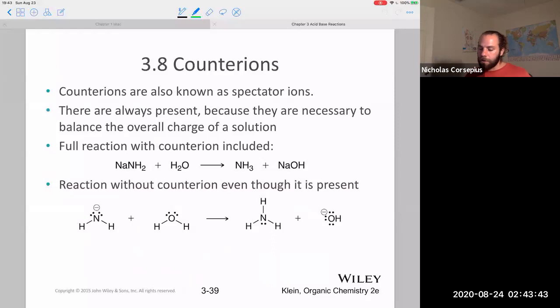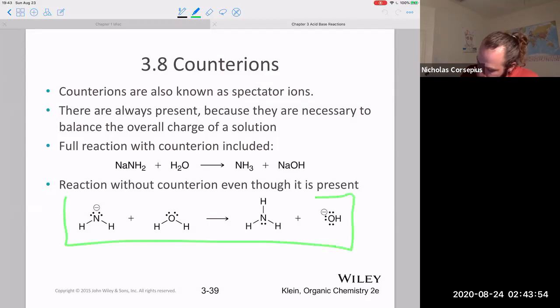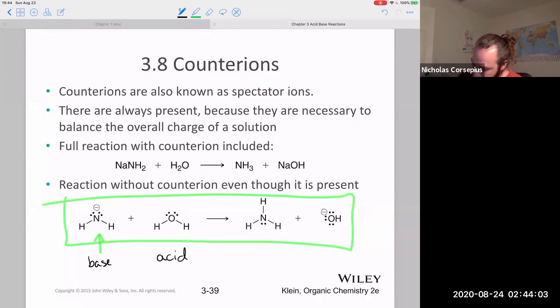The last thing that I want to point out is relatively straightforward, and I don't even know that it bears saying, but I think it does, so let's just be clear. We will often write our balanced chemical equations like this, where we're paying attention to what would be the base reacting with the acid to form the conjugate acid and the conjugate base.